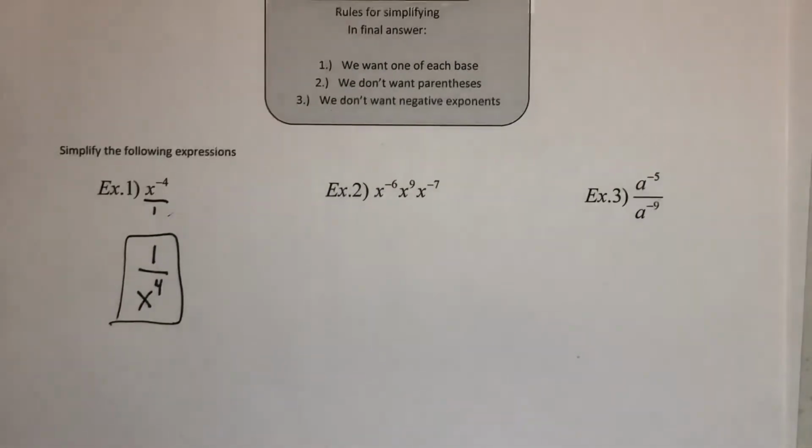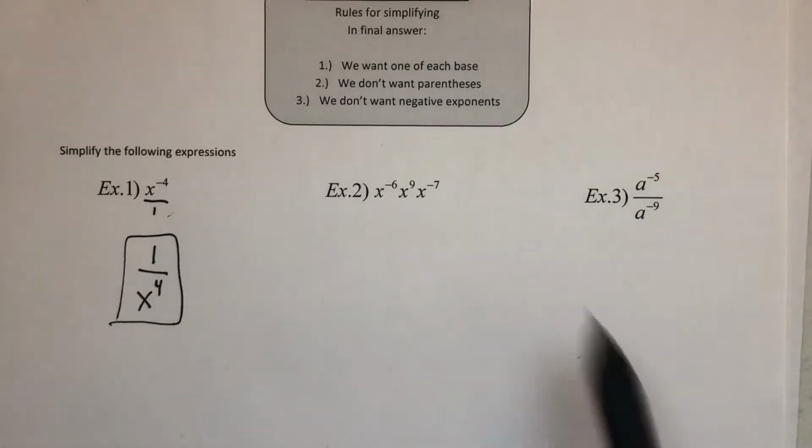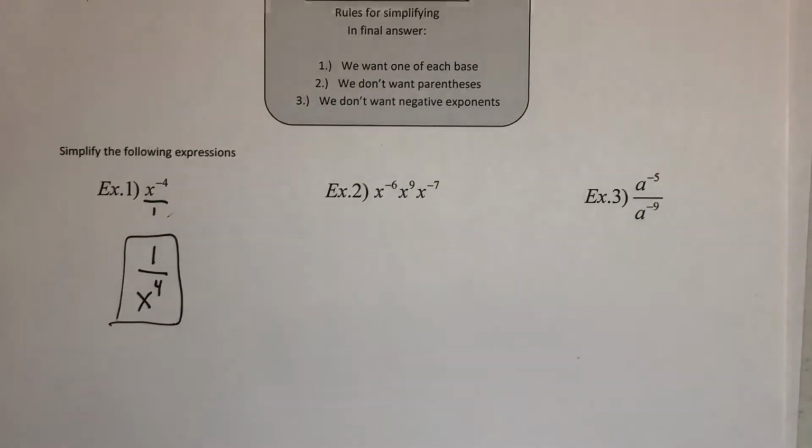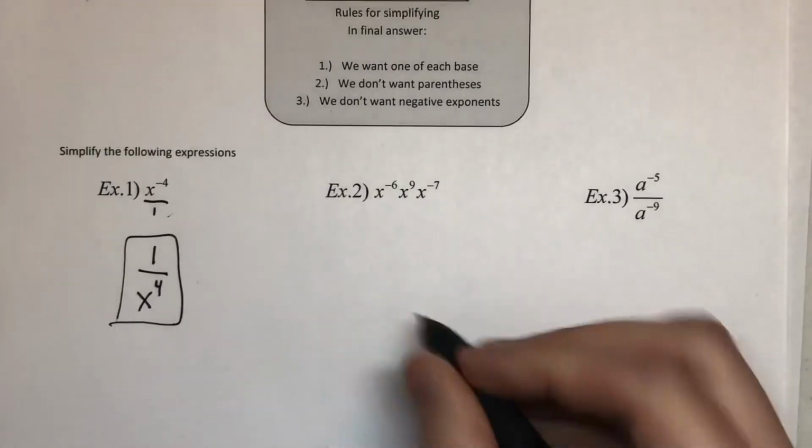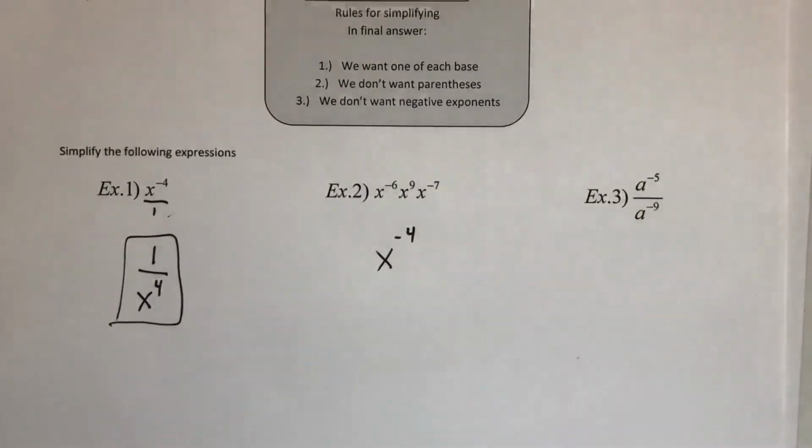We add those exponents. We're going to go ahead and do that. We're going to use all of our rules before worrying about whether we still see a negative exponent or not. So we're going to add negative 6, 9, and negative 7 all together to give us an x to the negative fourth.